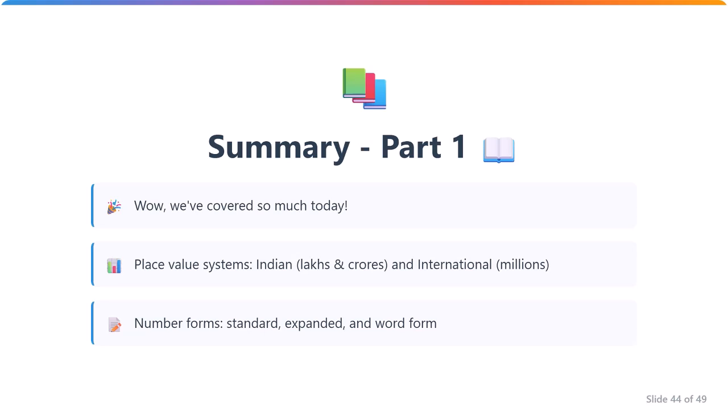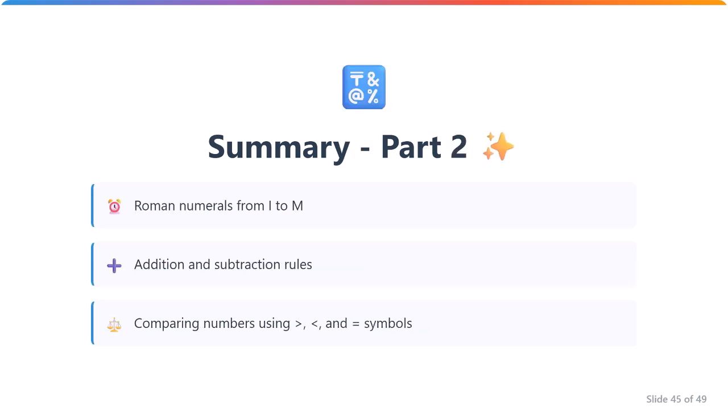Wow, we've covered so much today. Let's quickly recap everything we learned. We learned place value systems, both Indian with lakhs and crores, and international with millions. We learned number forms: standard form, expanded form, and word form. We learned Roman numerals from I to M with addition and subtraction rules.